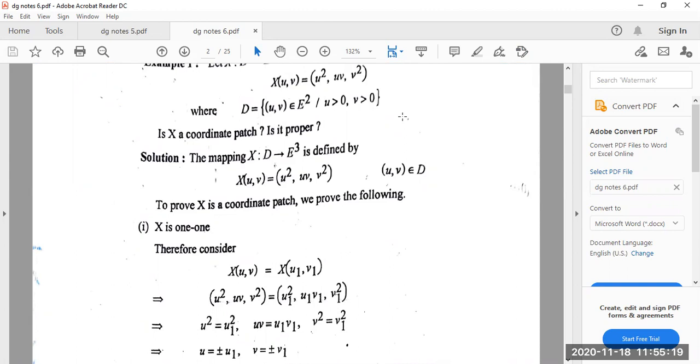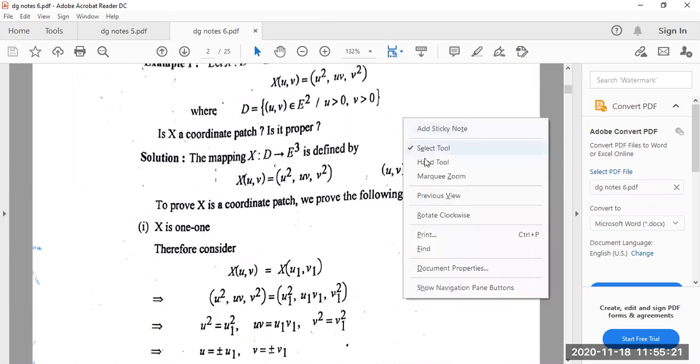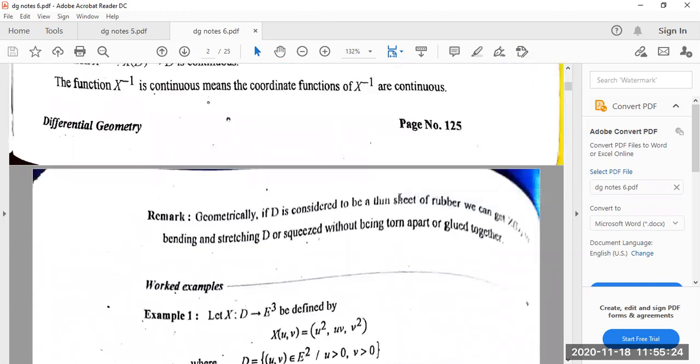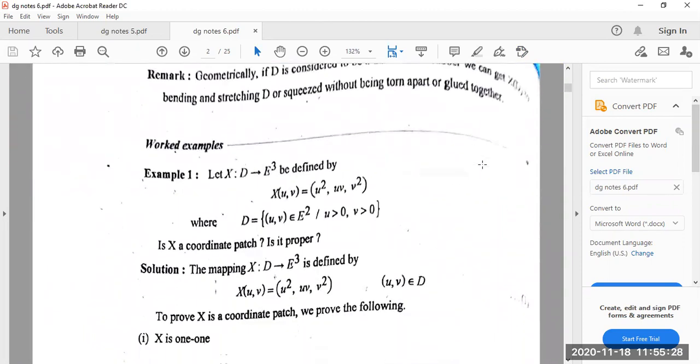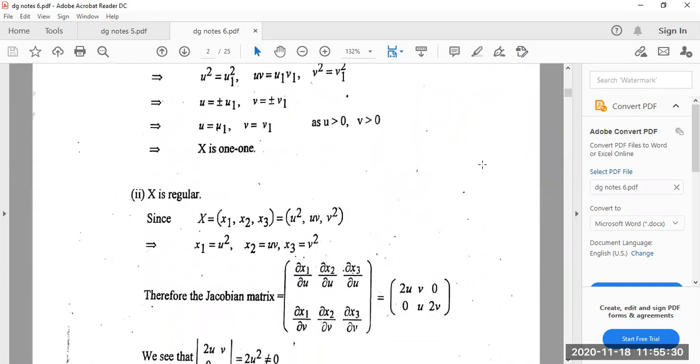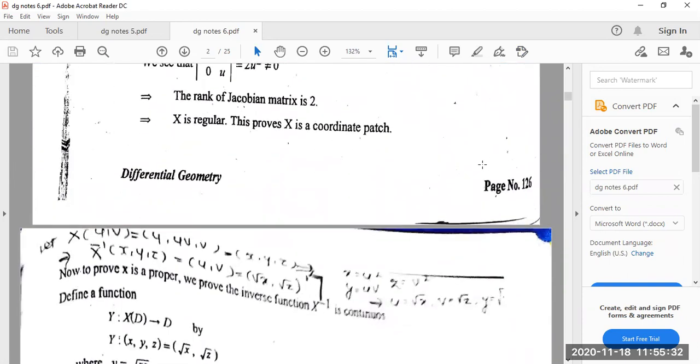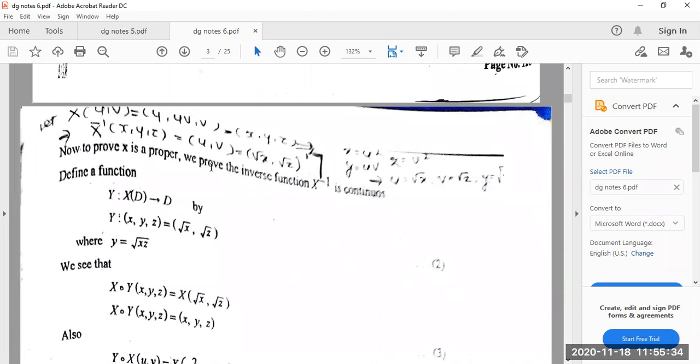Now we have to define the mapping x inverse. Instead of defining x inverse, we define it as y of x, y, z, as it is a mapping from x of D, which is a subset of E3, so we have to take three elements x, y, z. Instead of x of uv, we take the three variables x, y and z. So y of x, y, z is equal to something we have to find.